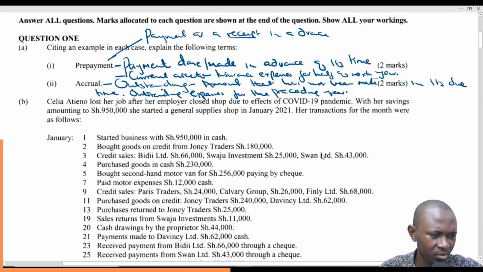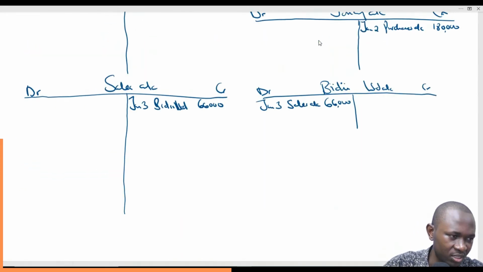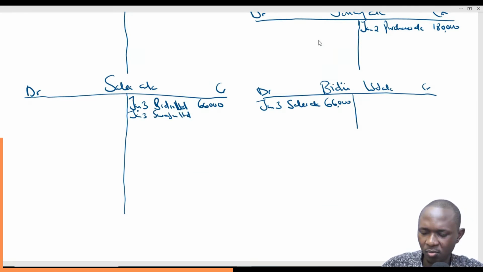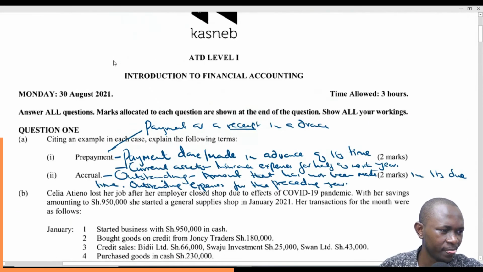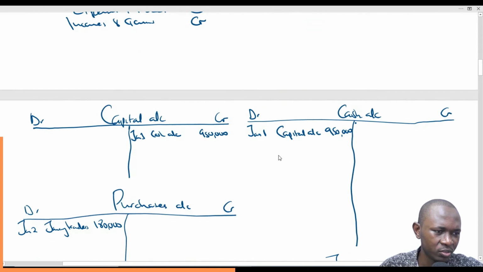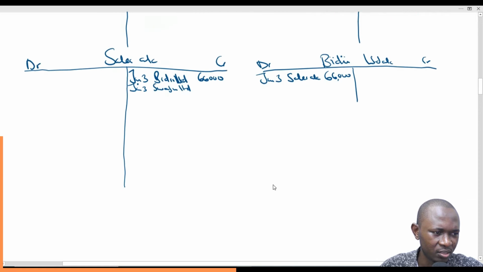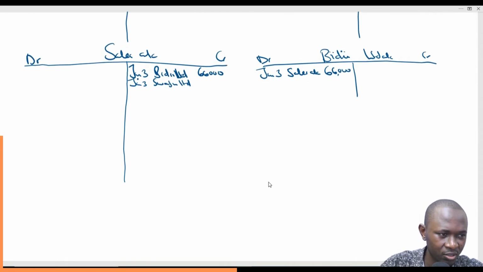Then we have Swaju Limited 25,000. It means we sold again to Swaju Limited on the same date. So January 3rd again, Swaju Limited. How much? Let me just confirm the figure again. The figure is 25,000. So we'll come here and do the 25,000. So Swaju Limited 25,000, like that.